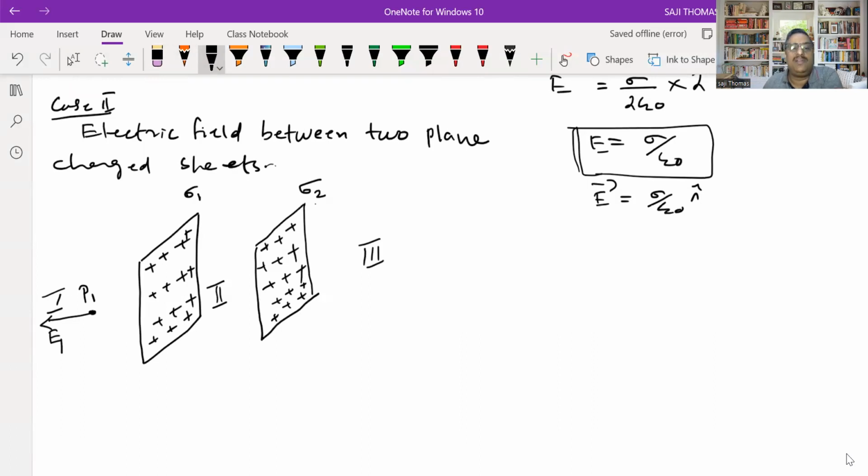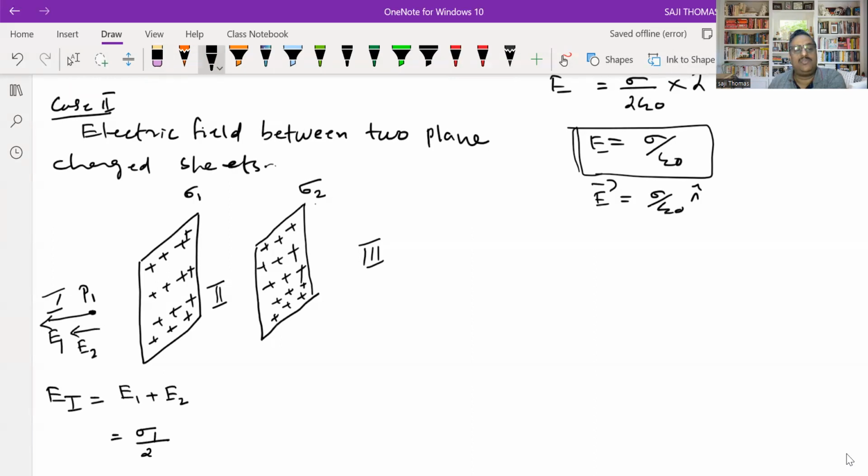So at the point P1, there is also field due to the second sheet. What is that field? E2. So in this region, on the left side, there are two fields. What are they? I can write the electric field in the region is E1 plus E2. What is E1?